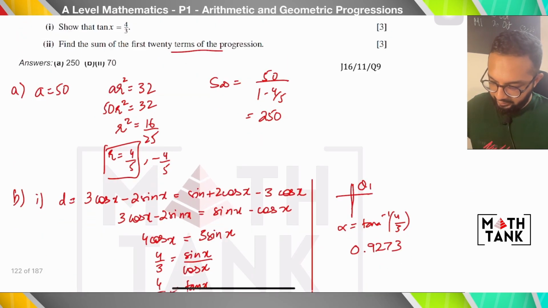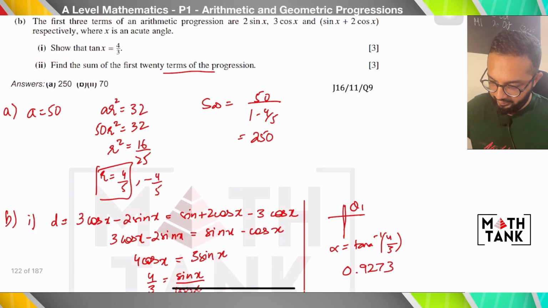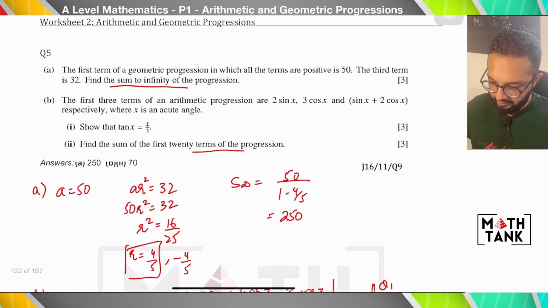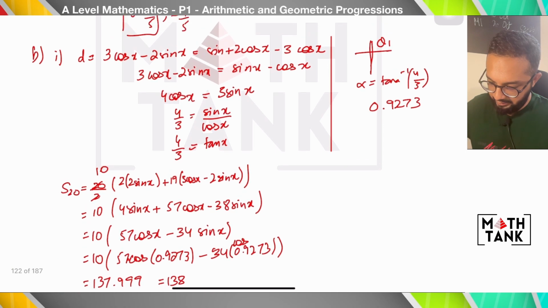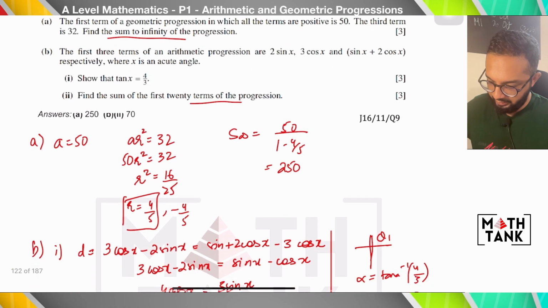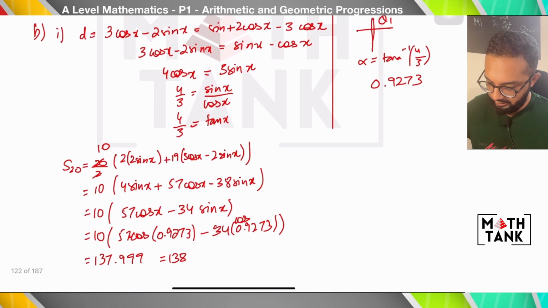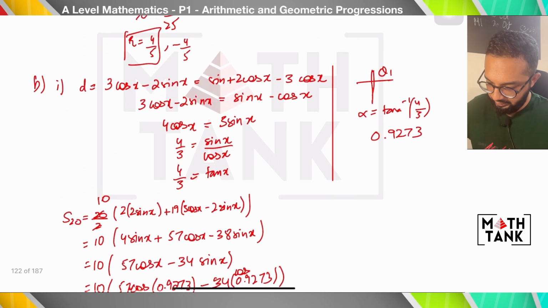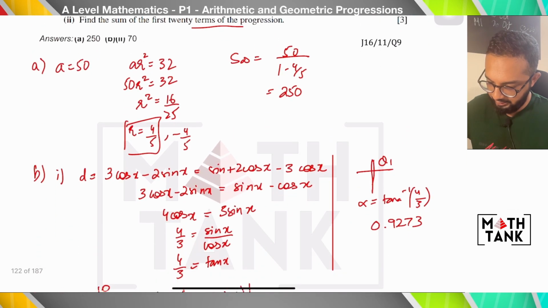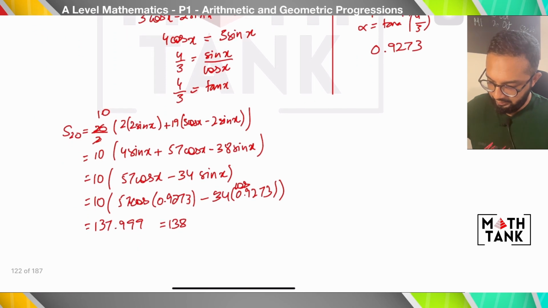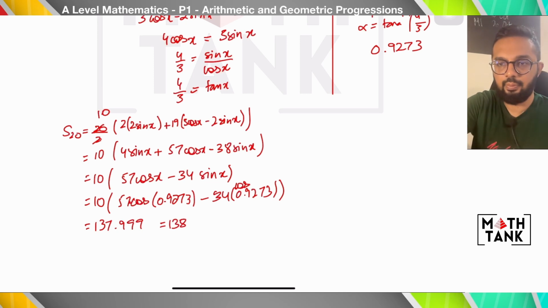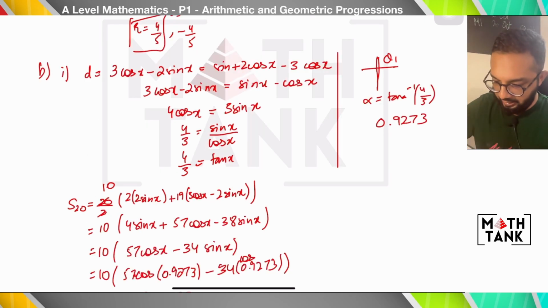Find the sum of the first 20 terms. So the first term is 2 sin x, so 2a plus n minus 1, which is 19 times d. 3 cos x minus 2 sin x. Okay, that's a small silly mistake here.